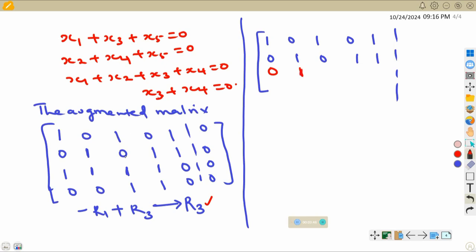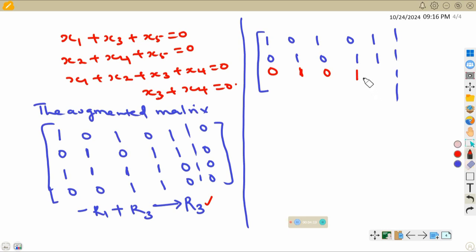This will be negative 1 plus 1, that will give us a 0. This will be 0 plus 1, which will give us 1. This will be negative 1 plus 0, which will also give us negative 1.